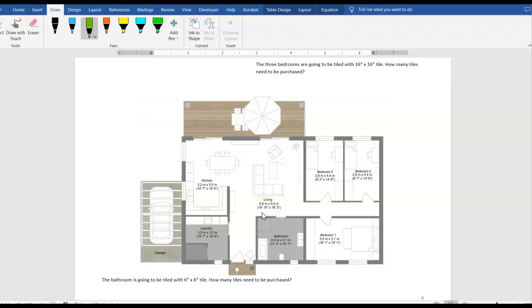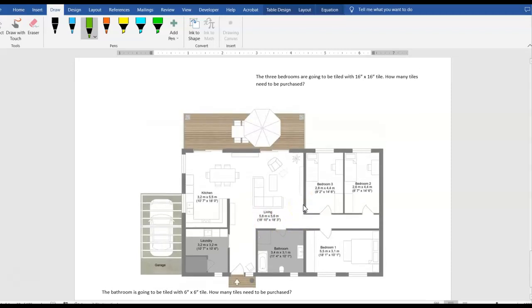Feet might be a little more difficult simply because we have both feet and inches, but we are going to look at the bedrooms in terms of tiling these 3 bedrooms with 16-inch tile. Again, 2 little lines is inches, 1 line is feet. And how many tiles will need to be purchased.